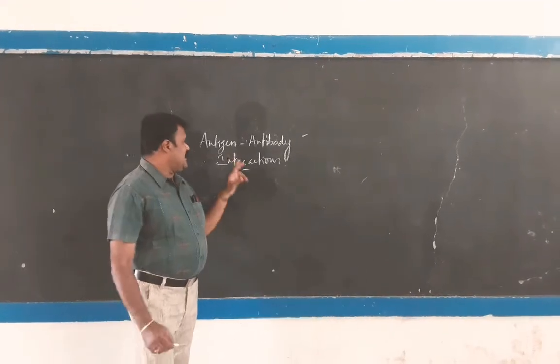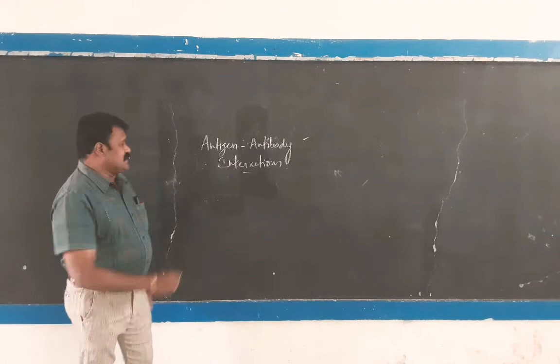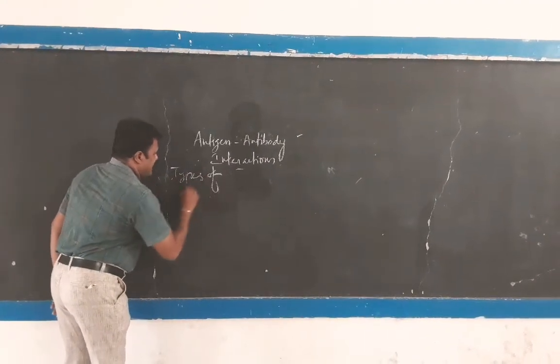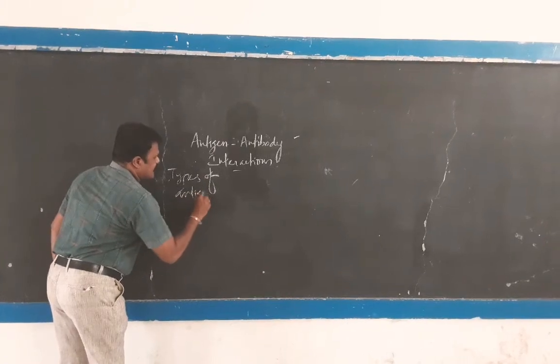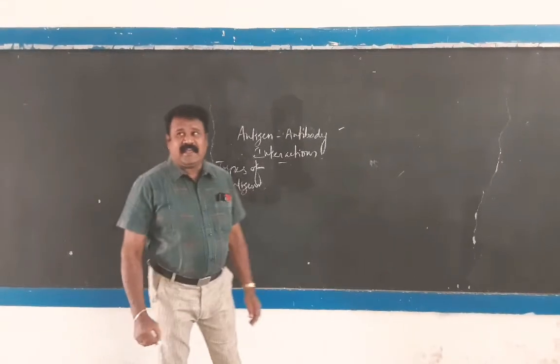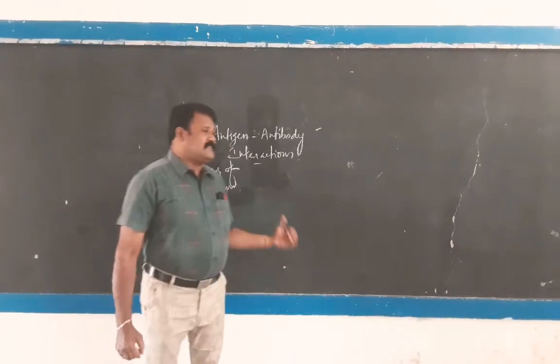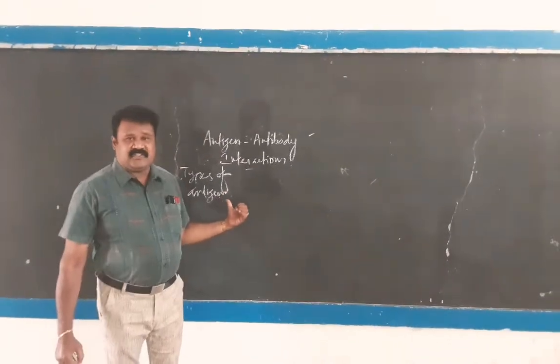Before we get into the interaction, let us see the types of antigens. As I told you already, any foreign substance that enters from outside and causes disease to the human body is called an antigen.